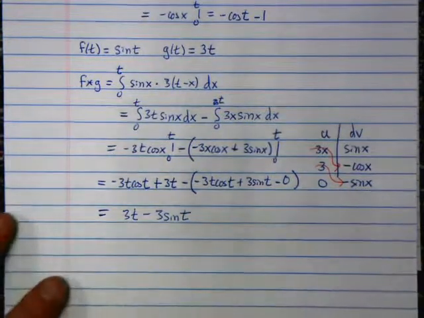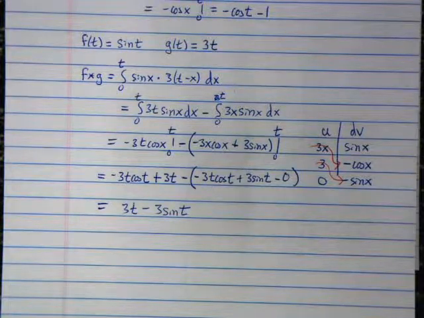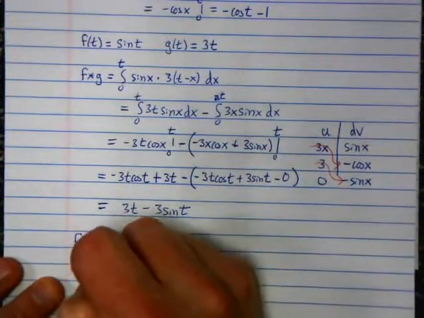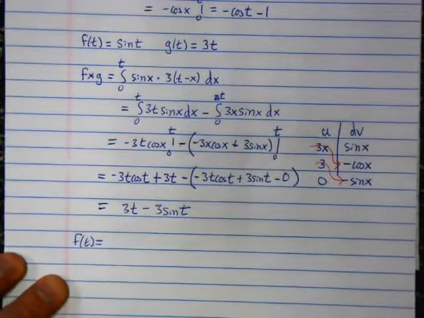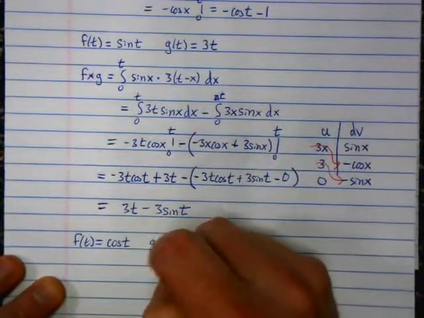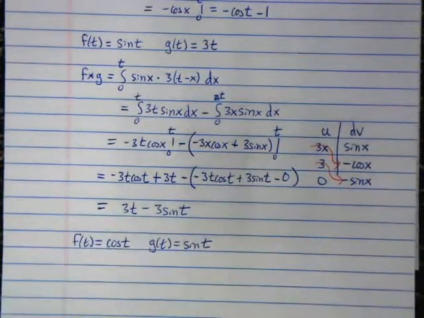What if, oh, I got to get them in the right order here. What if I let f of t be cosine t, and g of t be sine t?